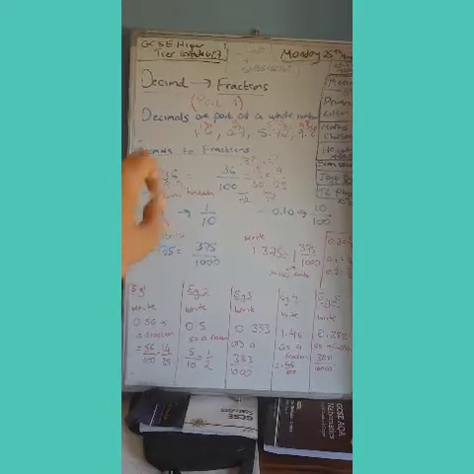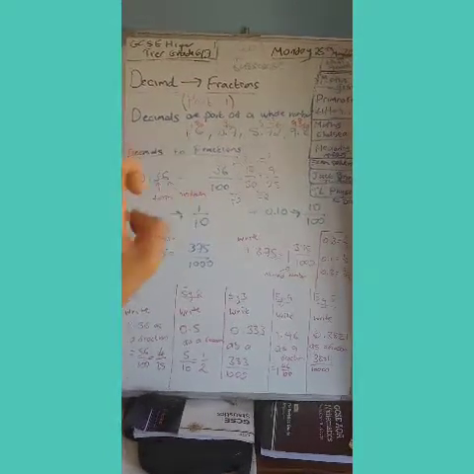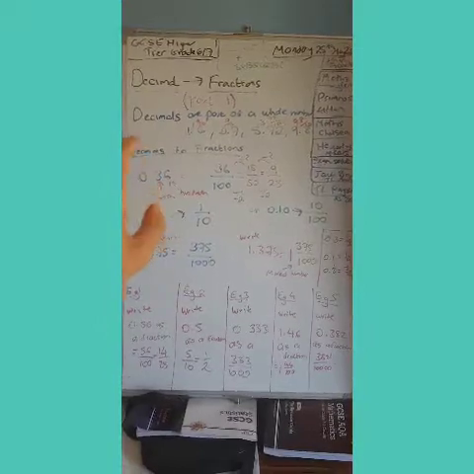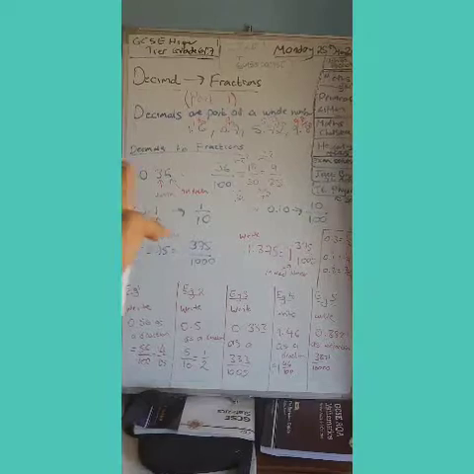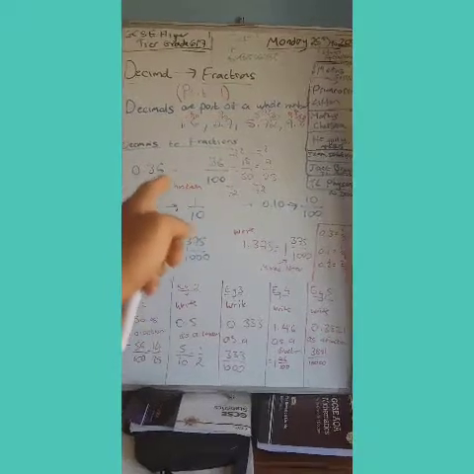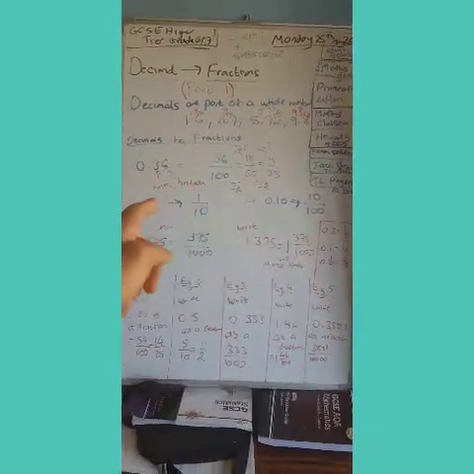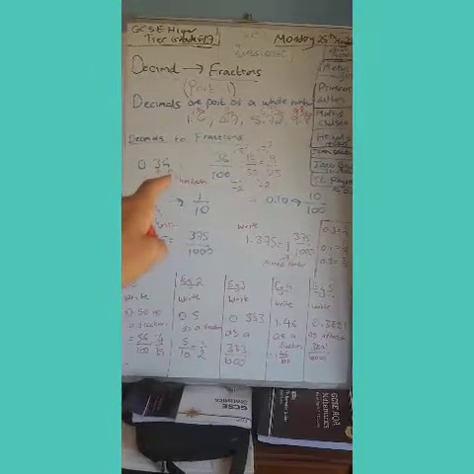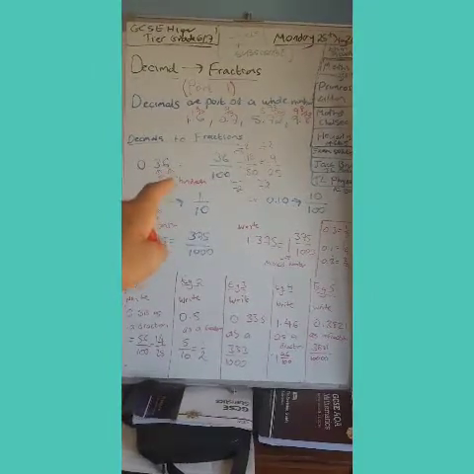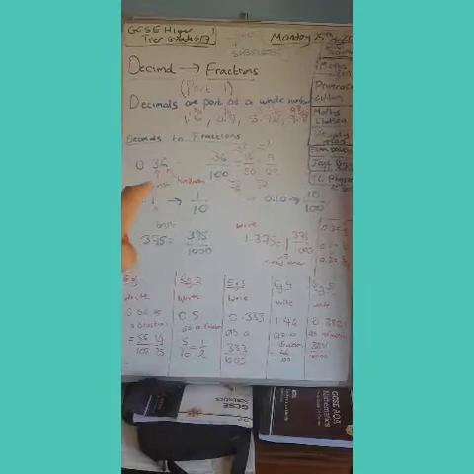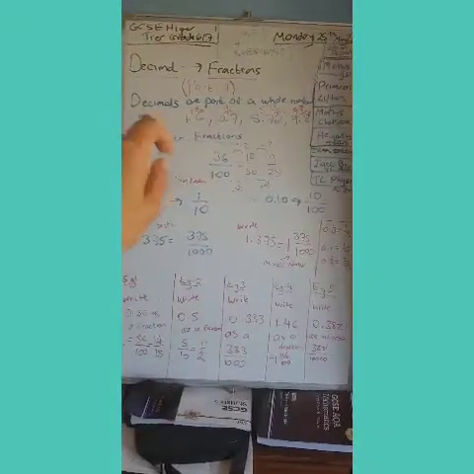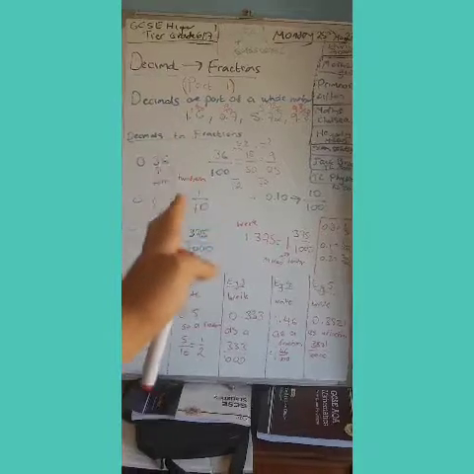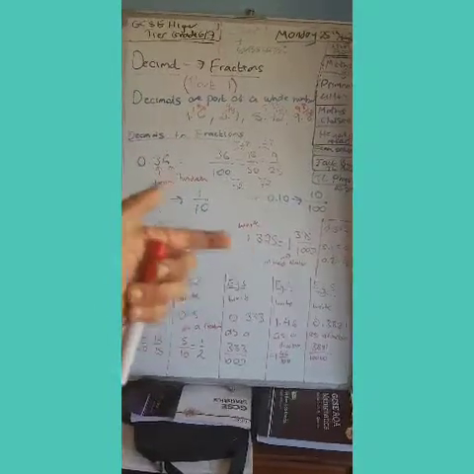Now when we write a decimal as a fraction, the way I learned it in school was that whatever the last decimal place is, I would put it over that. So take 0.36. The 6 means I've got hundredths, so my fraction will be out of 100. Whatever the last place value is, that's the amount you put over.